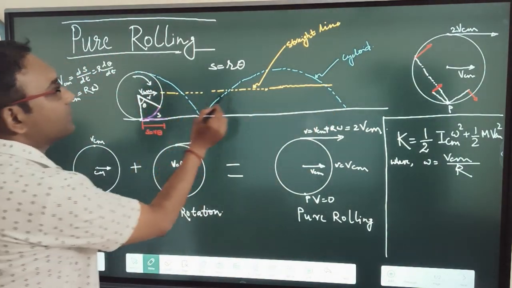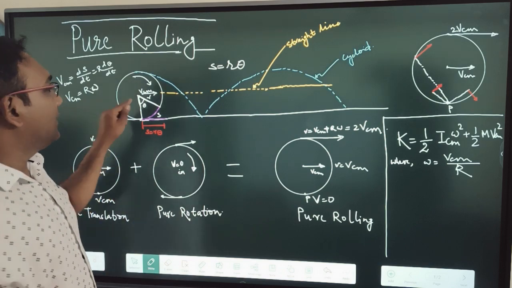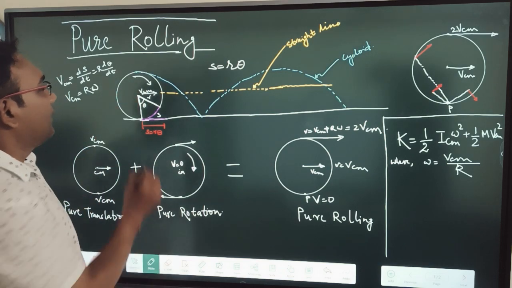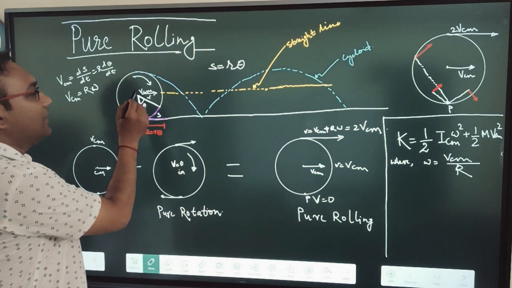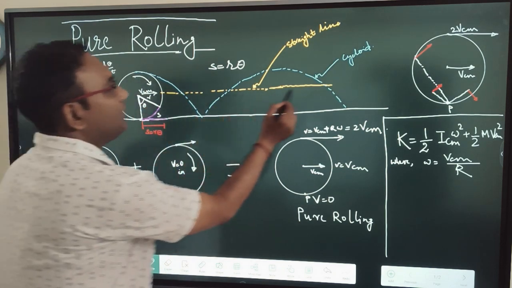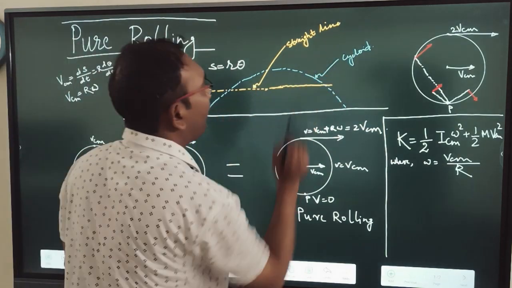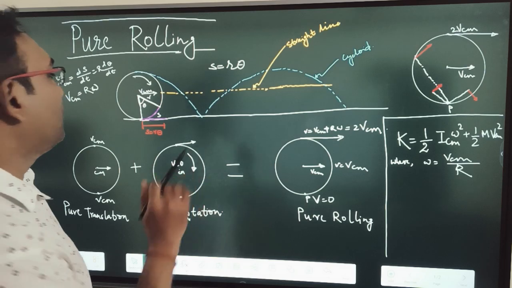This yellow line shows the straight line. V_CM is the center of mass velocity, where CM is the center of mass and V is the velocity of the center of mass. So V_CM is in linear motion, whereas the outer point moves in a cycloid type of motion.